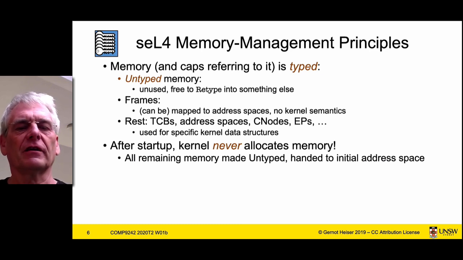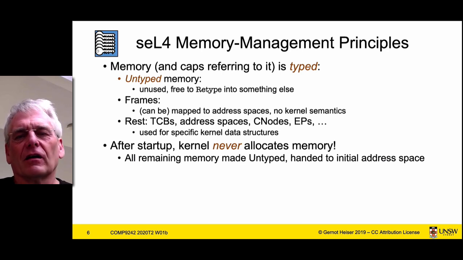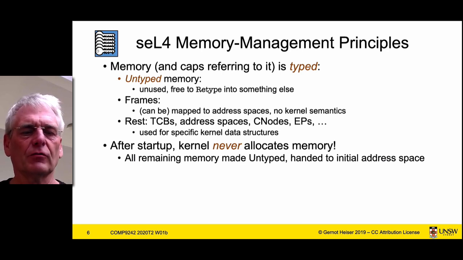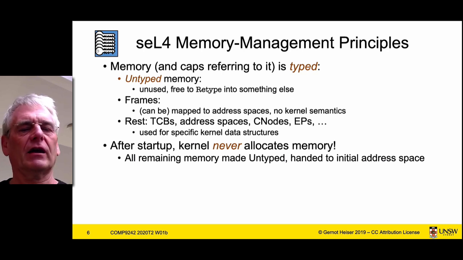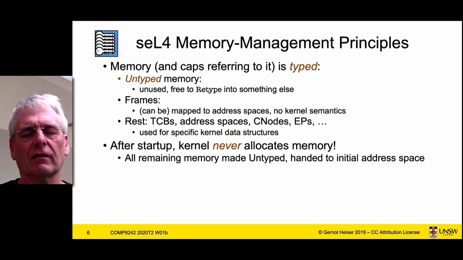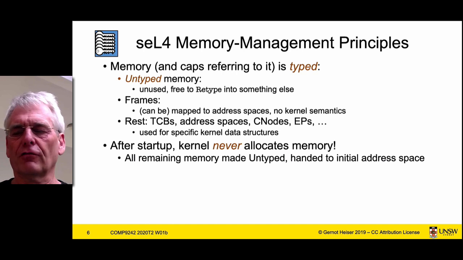And the way this is done is by first grabbing as much memory as it needs to boot up, and afterwards never allocating memory on its own. Everything that's left over after boot is handed to the first process, and it then is in total control.